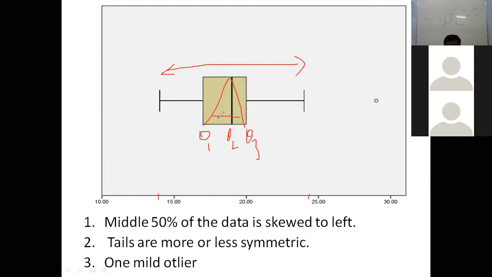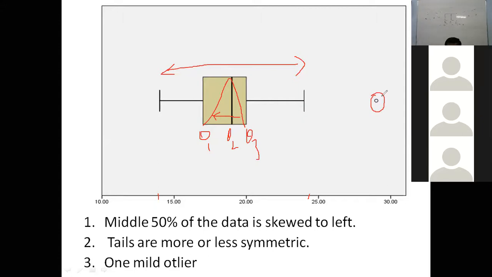Here it is skewed, isn't it? So this is the right or the upper adjacent value. What is this then? That is a mild outlier, right? So this is how we indicate it. No problem. This is the box plot.